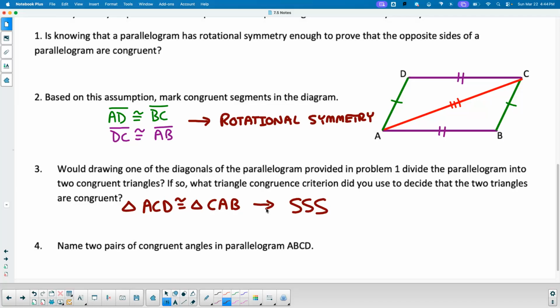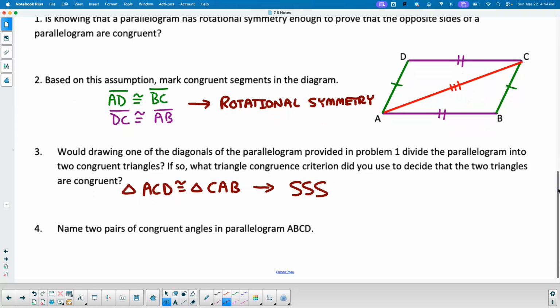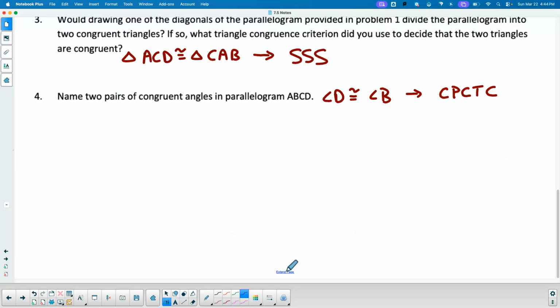Because we know that those 2 triangles are congruent, then we know that angle D is congruent to angle B by something that we're going to become very, very familiar with. We call it CPCTC. That stands for congruent parts. Let me extend my page here now.